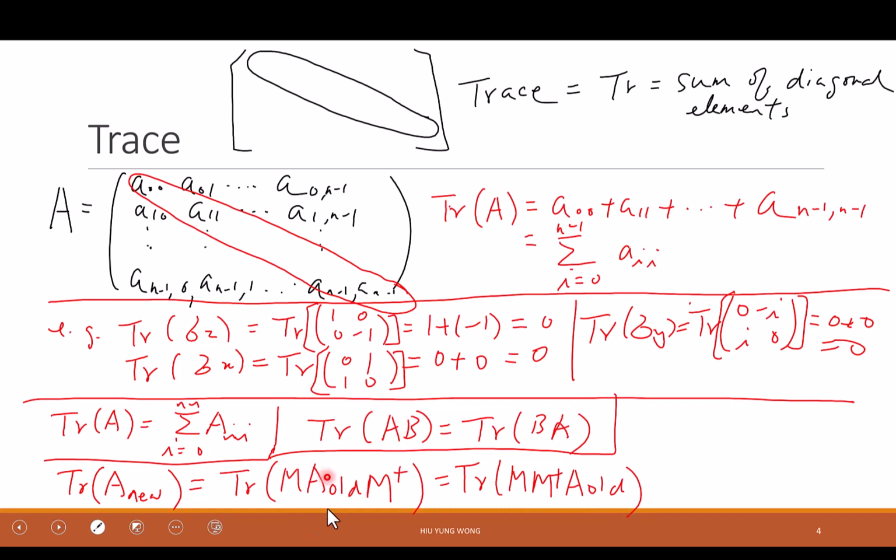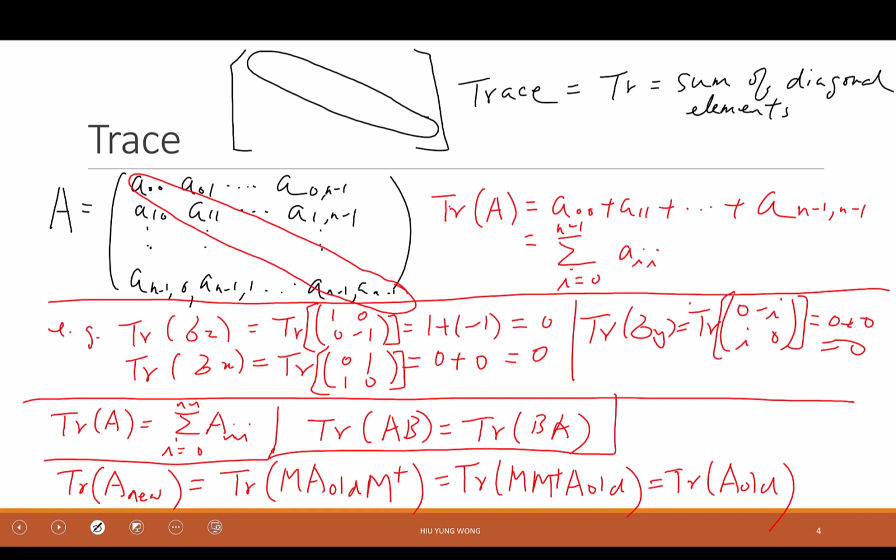So treat this as A, and treat the whole thing as B. So AB equals BA. You can rotate them. But what is M times M dagger? Identity, right? So what do you see? The trace is the same whichever coordinate you look at.